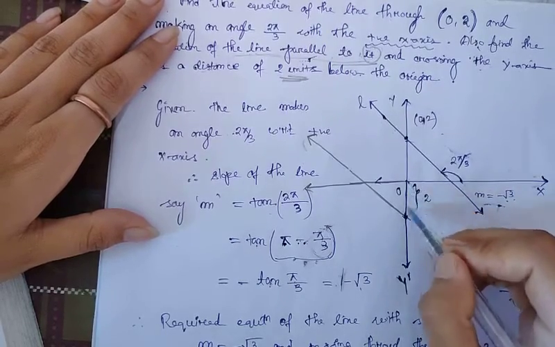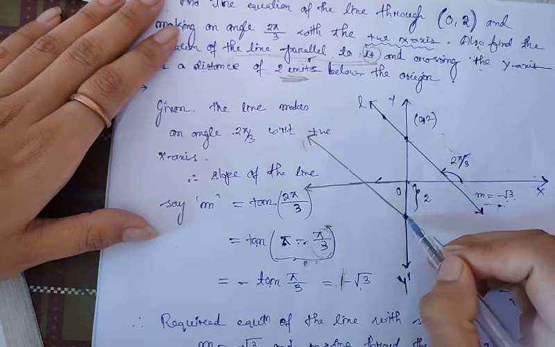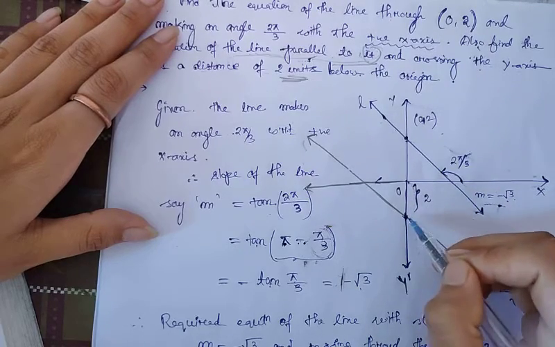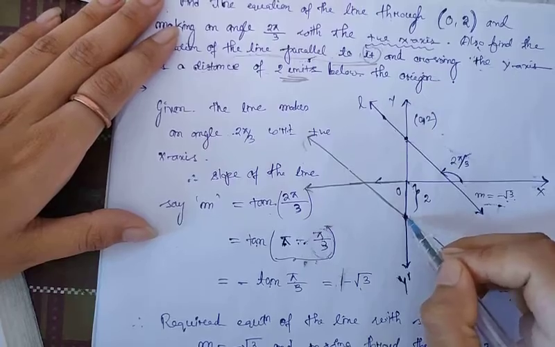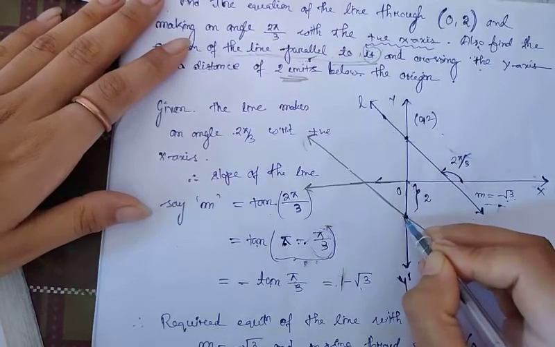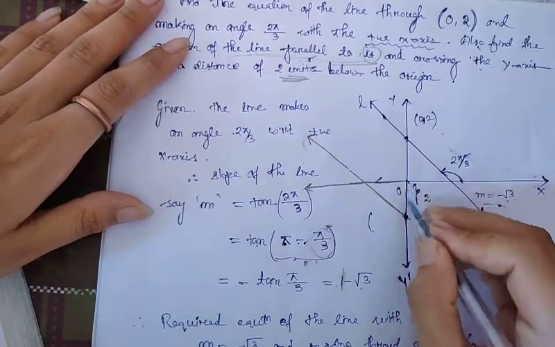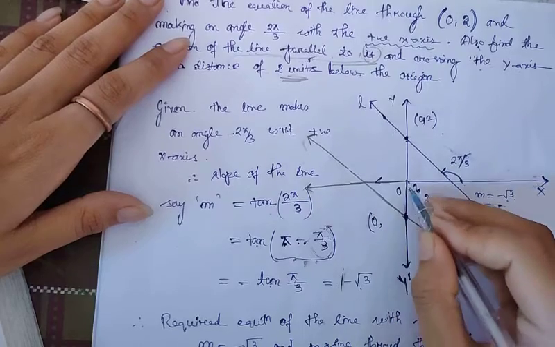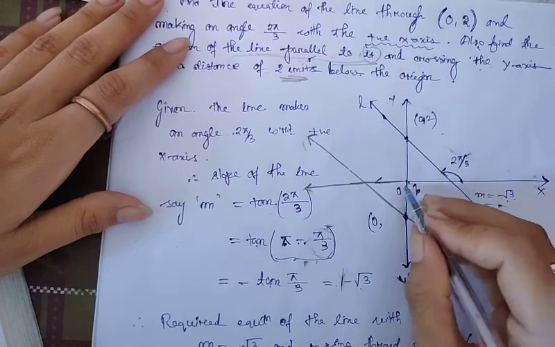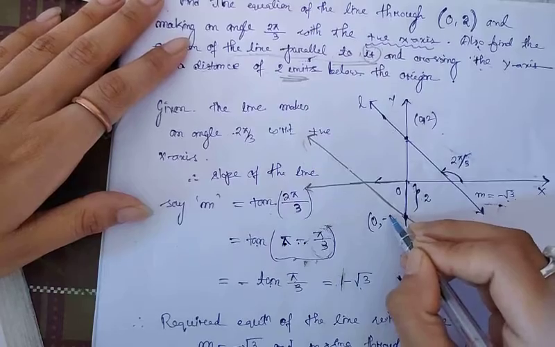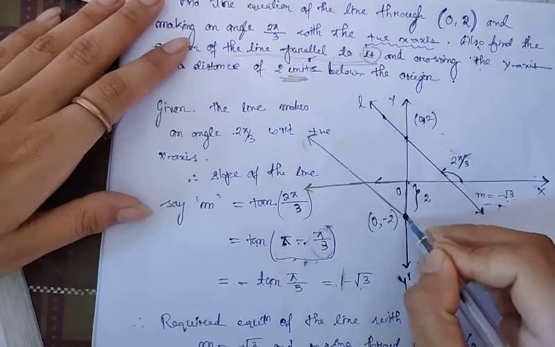If this is crossing the y axis at a distance of 2 units below the origin, what will be the coordinates of this point? The x coordinate is 0 and the y coordinate is 2, but below the origin, so the point will be 0, minus 2.